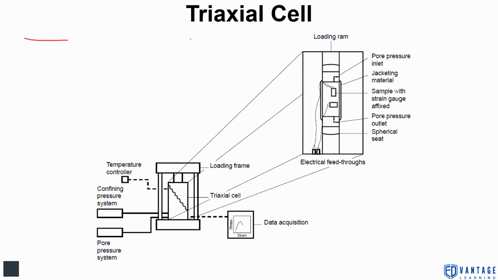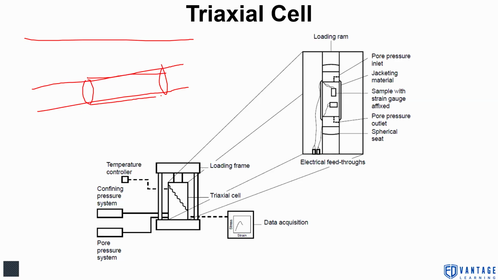For example, the surface of the ground and a bedding plane going like this. Assuming a cylindrical body, you can see from the top and bottom there are some forces acting on the body, and radially from all directions. The confining pressure will represent that radial force.